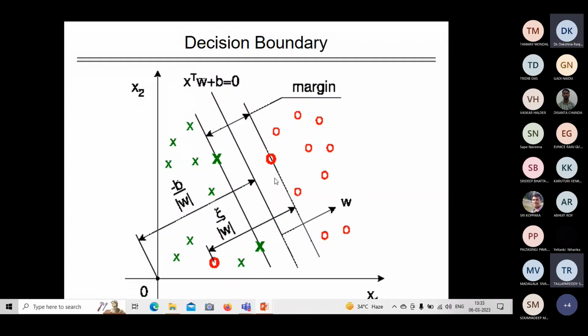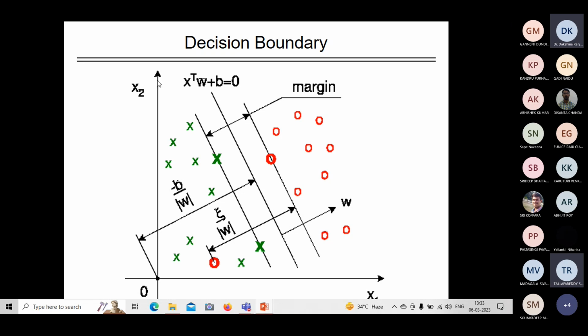Now, how to get the decision boundary? Here we will go through some measurements so that we can understand how to get the decision boundary using support vector machines. From the linear discriminant function, we have obtained that if g(x) is the linear discriminant function, then g(x) is given by w x plus b.